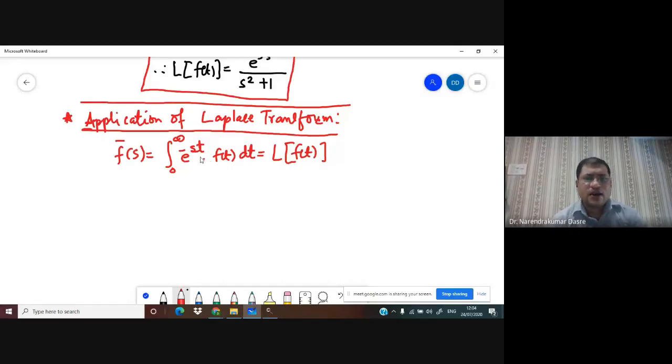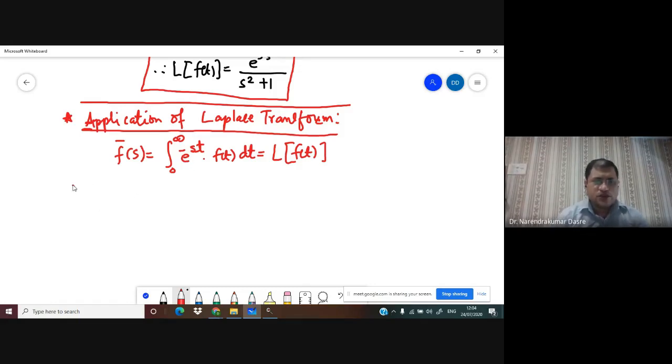After the limits and the exponential term, whatever remains will be f of t, the function of t, and we have to find the Laplace transform of this function. Then by comparing the integral, we get the value of s. Then we put this value of s on both sides, and we get the value of the integral.